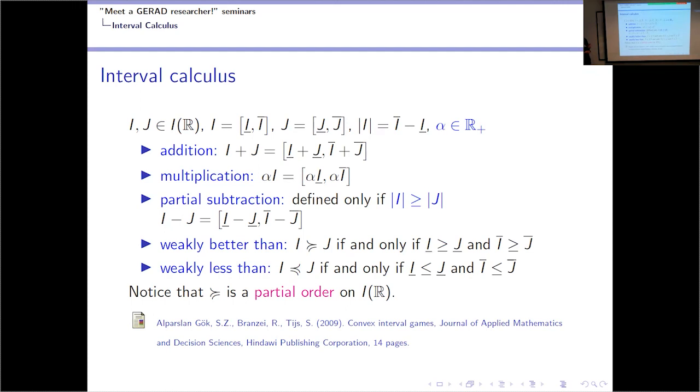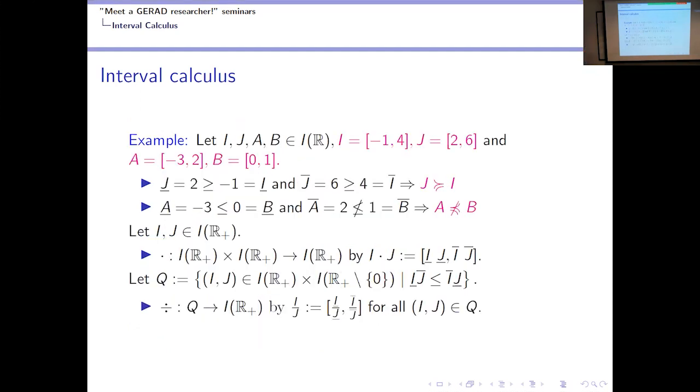Let me illustrate it with a very simple example. Just focus on I and J, please. You will see that 2 is greater than -1, and 6 is greater than 4. So you can say that J is weakly better than I. And the opposite version is here.